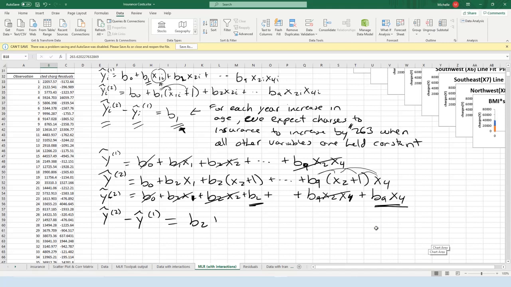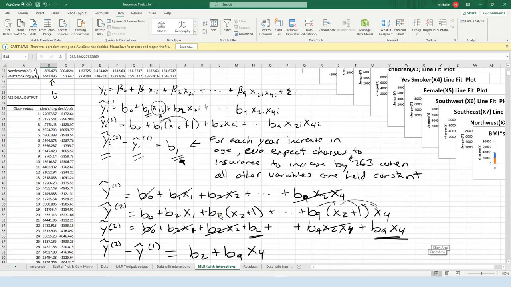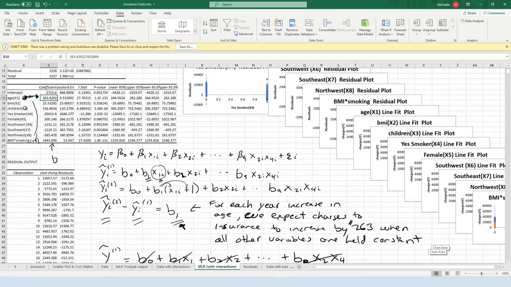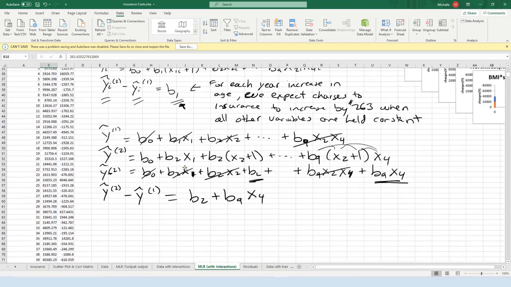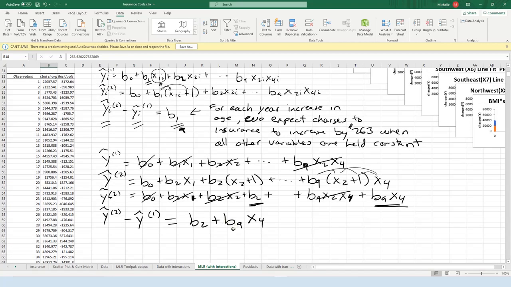So this is B2 plus B9 X4. The way you would need to interpret this: what is X4? X4 is smoker. So it's yes, no, and yes is 1.